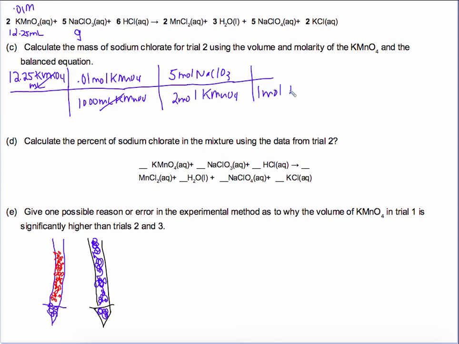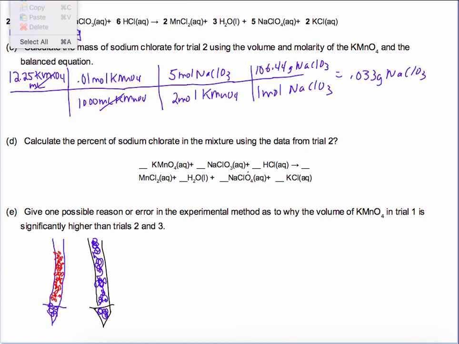So 1 mole of NaClO3, and the molar mass of that is, let's see here, 106.44 grams of sodium chlorate. And if you do the math, that ends up being 0.033 grams of sodium chlorate.